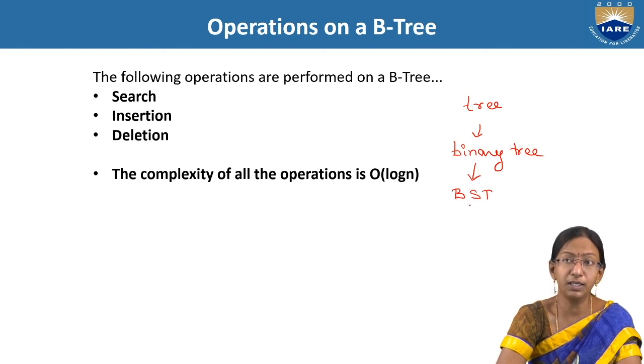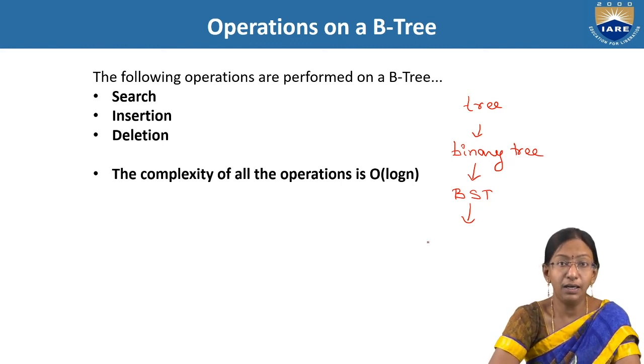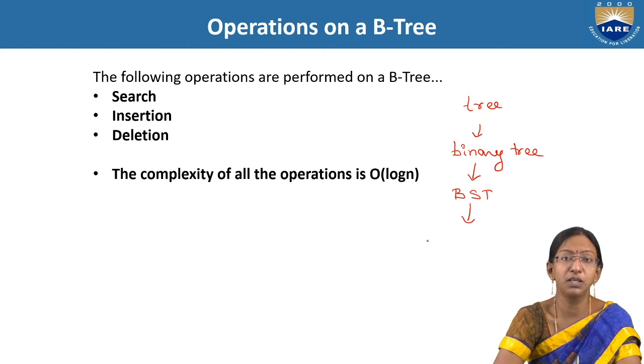If you put a constraint on BSTs saying that the balance factor of every node must be either -1, 0 or 1, AVL trees come into the picture.